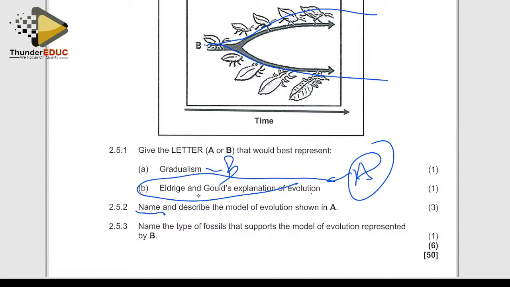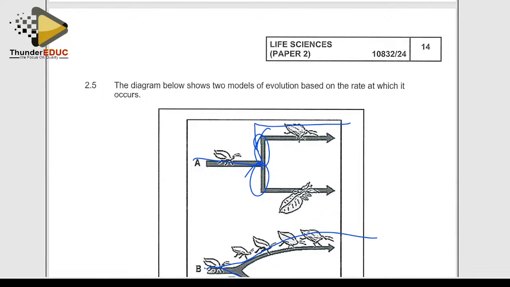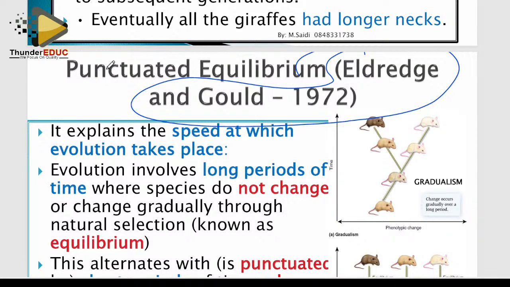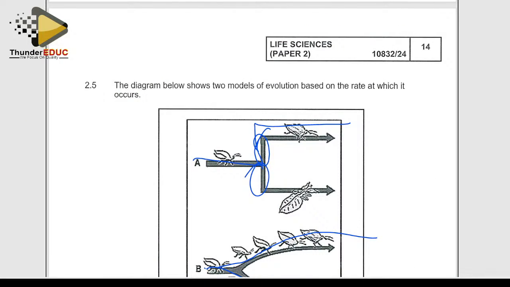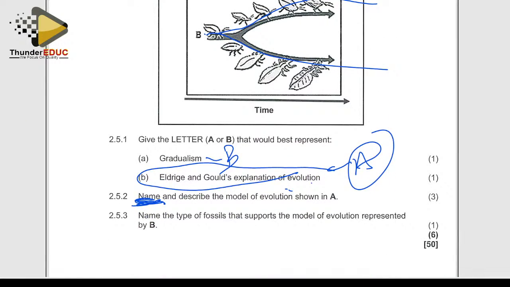That's why they used his name. You understand his name, so when they ask you here, they ask you what it is. So your answer was supposed to be punctuated equilibrium, the way it is here. And then you come back and say, describe the mode of evolution.